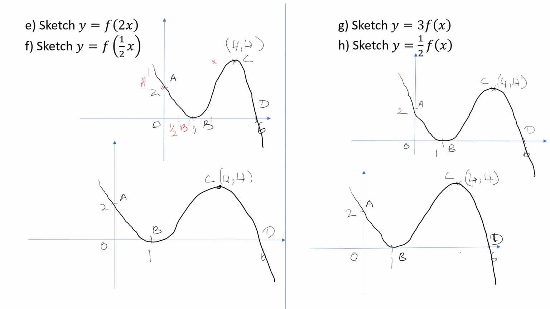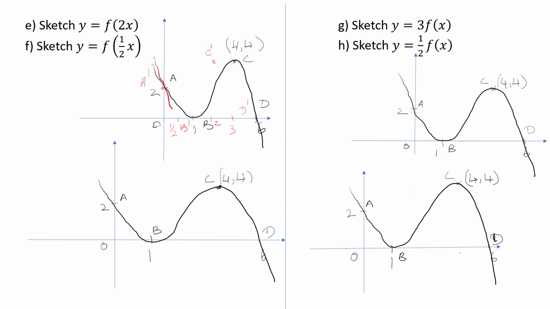The y coordinate still remains the same. The y coordinate is not changed. So this is C dash. And the point D, x coordinate is 6, so it's half of 6, which is 3. So here the new point is D dash. Now let's draw the graph.